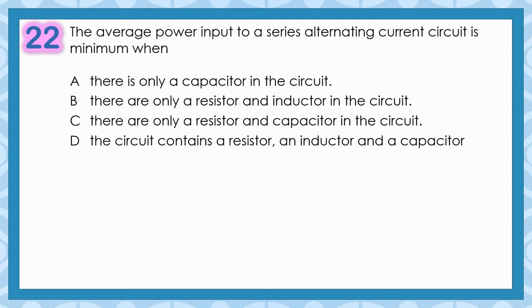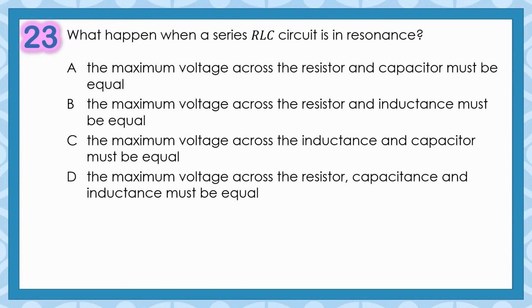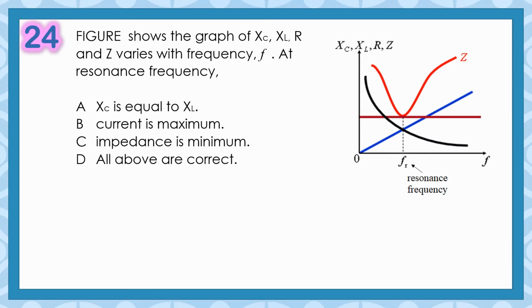Question number 22. The average power input to a series alternating current circuit is minimum when? Question number 23. What happens when a series RLC circuit is in resonance? Question number 24.